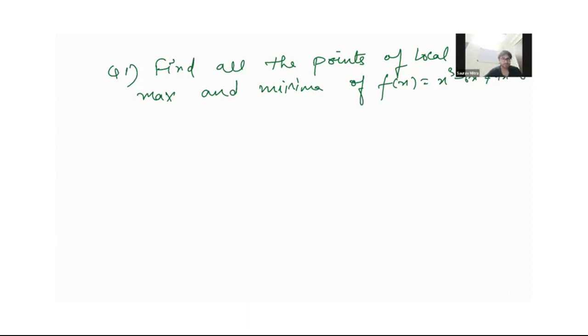Here, the first step is always to let y equal x cube minus 6x square plus 9x minus 8. You can say it is your f of x.